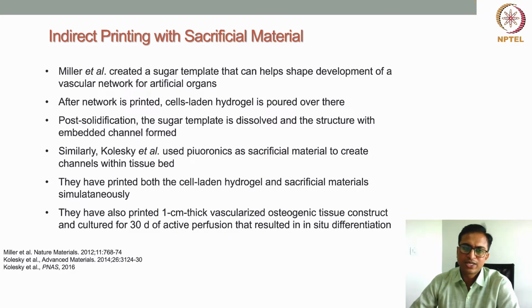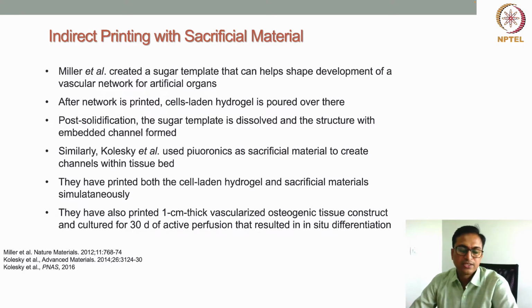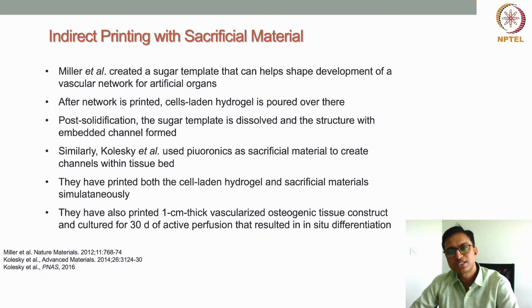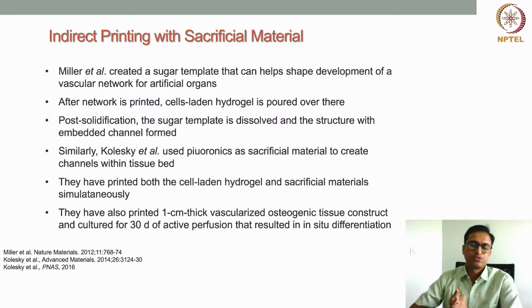But this work is limited, because when you are using a cell-laden hydrogel, most of the time the cells will be homogeneously suspended within the hydrogel. So we can get a structure where one or two types of cells are homogeneously suspended in that hydrogel, and then we get the tissue from that.